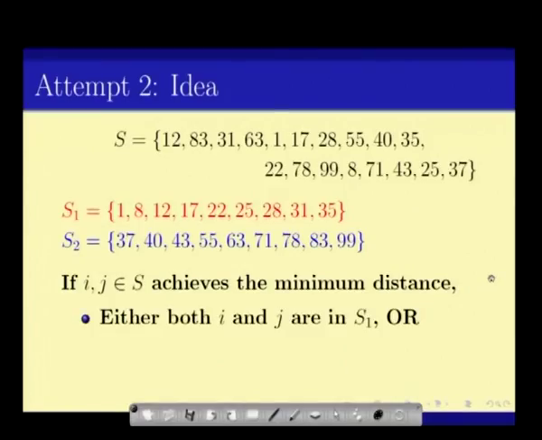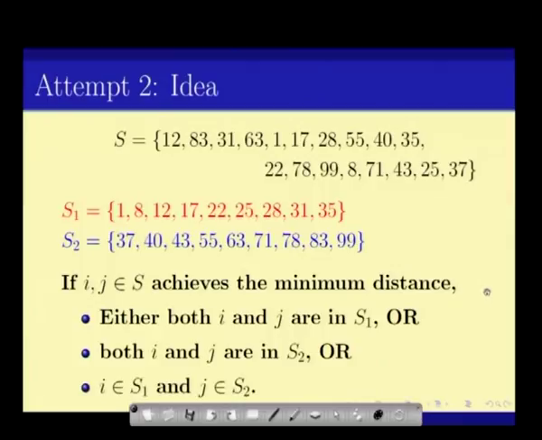If I have an i, j pair in S which achieves this minimum distance among all the pairs in S, then what all the possible things can happen? The first thing that can happen is that both i and j are in S1, the first half. Second thing that can happen is both i and j are in the second set S2. And the third thing is, while one of them is in S1, the other one is in S2.